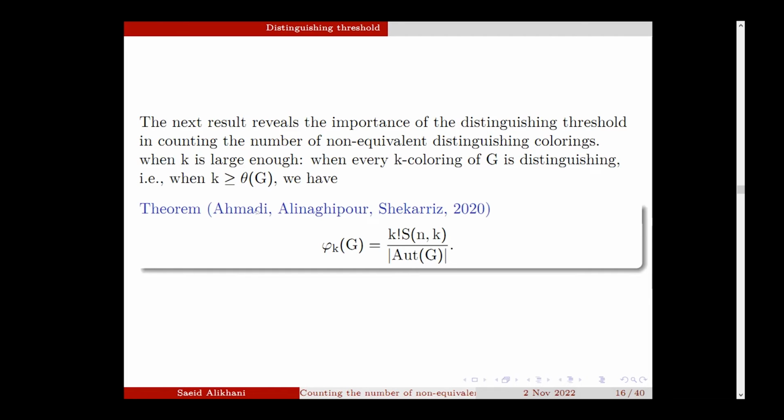For large enough k, we have this equality that says phi sub k of G is equal to k factorial times the second Stirling number over the order of the automorphism group of G. Okay, so you see that for every k greater than or equal to theta of G, by this formula we have the number of non-equivalent solutions.